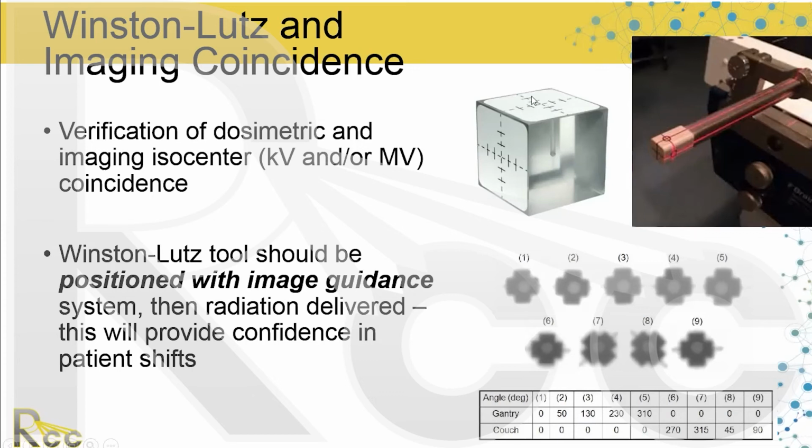That's my point with the cone beam, because you're setting up the patient with the lasers and getting them close, but then you're ideally fine tuning that with your imaging. So you should do the same thing with your test, so that you have an idea of what your uncertainty is. That's why I really stress positioning it with image guidance, so that you're getting an assessment of your overall treatment delivery system.